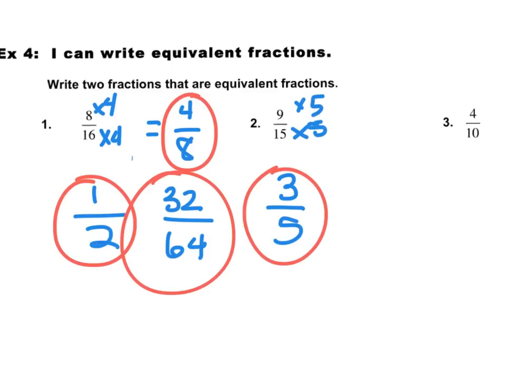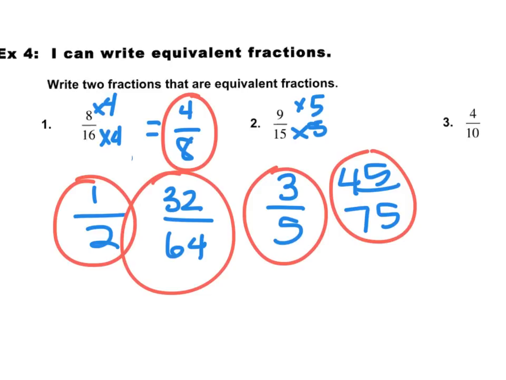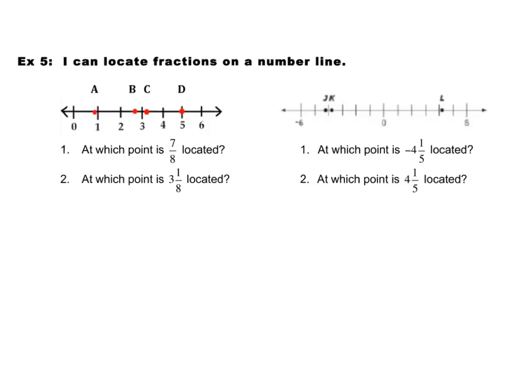So 9 times 5 is going to be 45, and then 15 times 5 is going to give you 75. And so there's another equivalent fraction. So to find equivalent fractions, you can either multiply the top by the same number as you multiply the bottom, or you can divide the same number on the top and on the bottom.